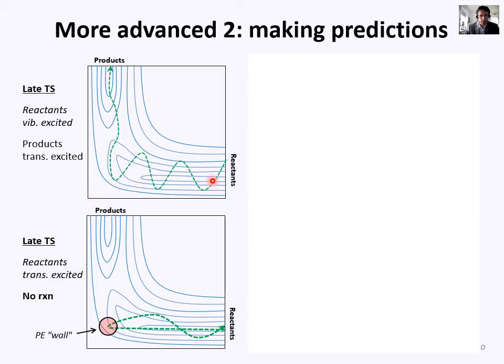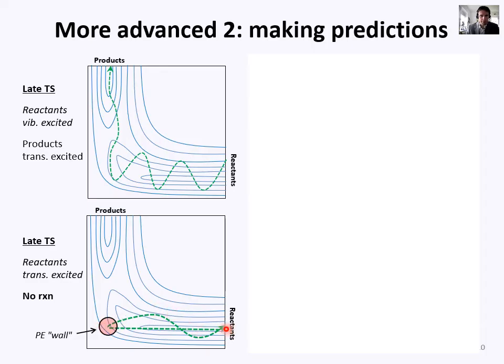Okay, and in this case, if you have vibrationally excited products, then you can follow this kind of line here, and you're going to end up with a reaction. Okay, but the issue here would be that because you have this effective potential energy wall, if you start with reactants that are translationally excited, then you may well hit that potential energy wall and just bounce straight off.